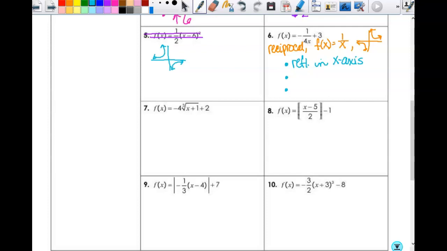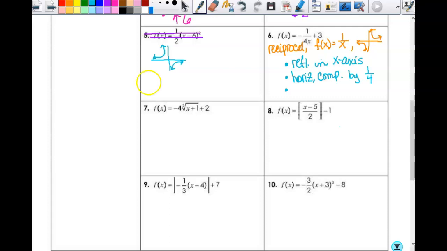Okay? So now if you look at this 4, does it affect x or does it affect y? X. Okay? Which means that it is a horizontal, is it a stretch or a compression? Compression by what? 1/4. Okay? The fact that the whole thing's in the denominator means nothing. But let me show you this.